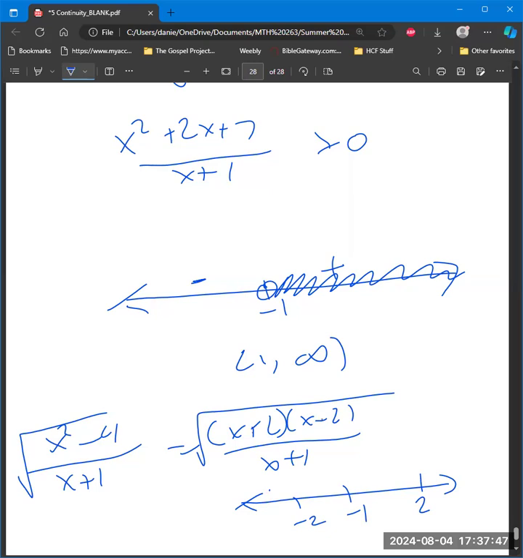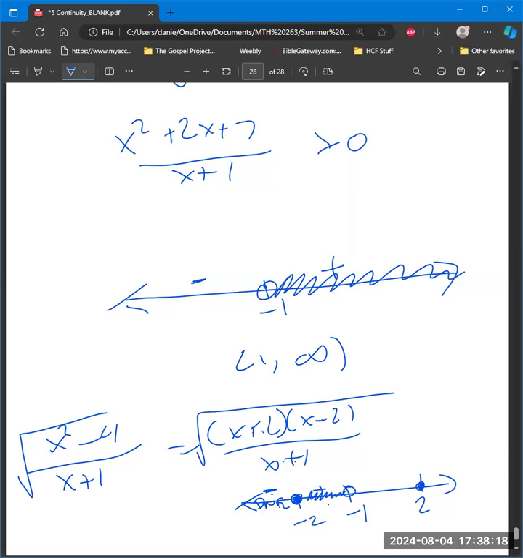A negative times a negative divided by a negative would be a negative, so the graph would not exist here because I'd be taking the square root of a negative number. I cross that boundary and this one becomes positive. Negative and negative is positive, so I'm okay. I'm okay here, not okay here, and I'm okay here.